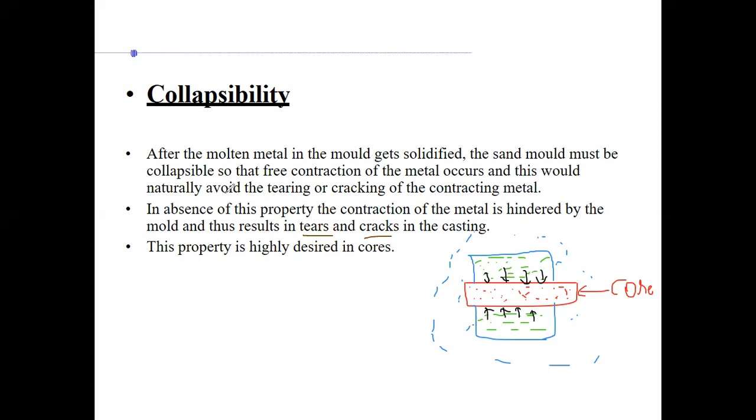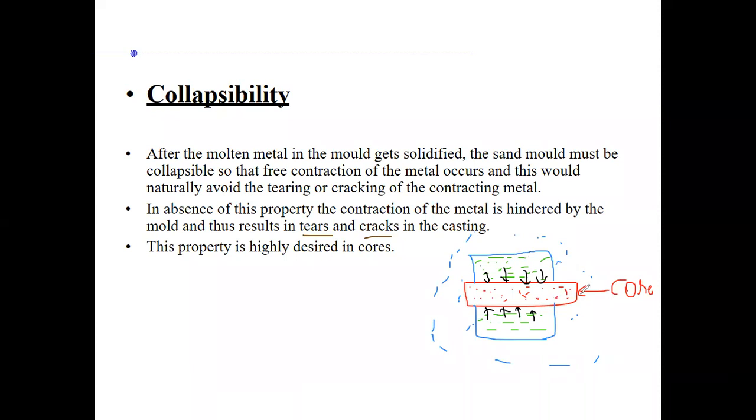So even collapsibility is required, that it should collapse. This core should collapse upon solidification, right? Or otherwise, it should collapse when we are removing it. Once the casting is completely solidified and has come down to room temperature, and we want to remove the casting, now we don't want this core anymore.